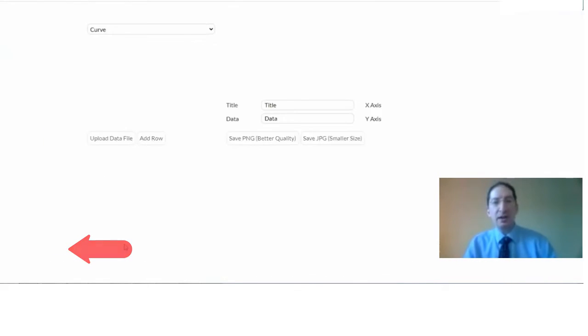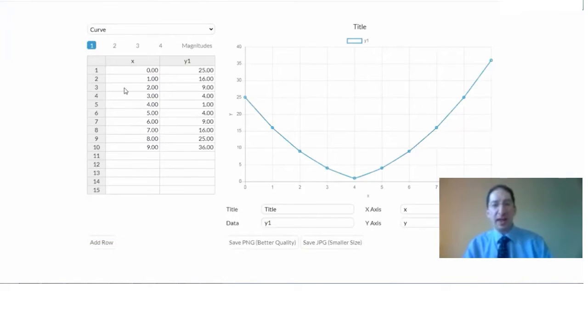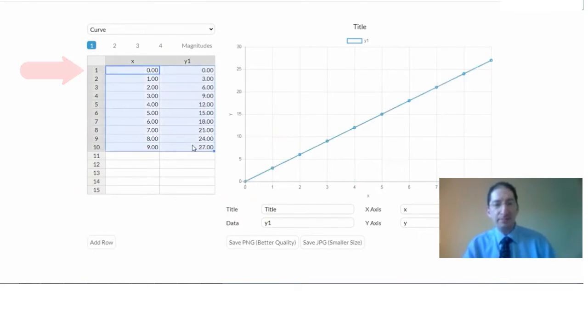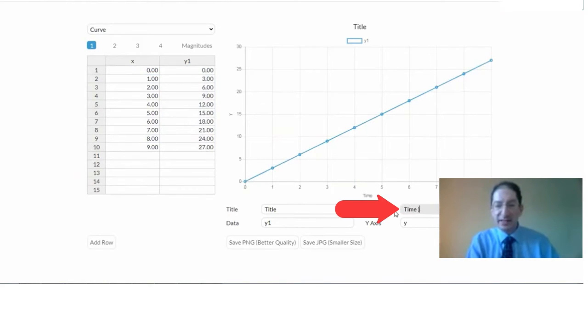So let's go to the graphing website, and for this, we'll use just the simple curve option. And I have those values here, and I'll put them in. Let's label our axes. On the x-axis, we have time measured in minutes.